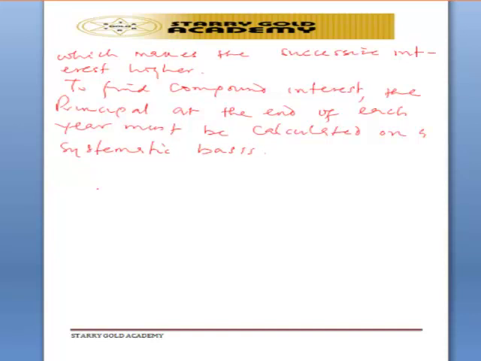This is what we are saying here. In order to get the compound interest for a certain amount of money, we firstly get our simple interest, P times R times T over 100.